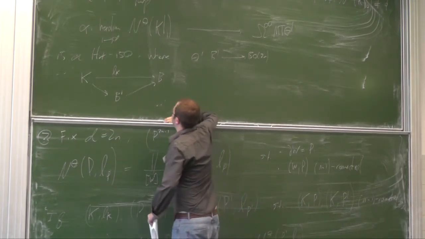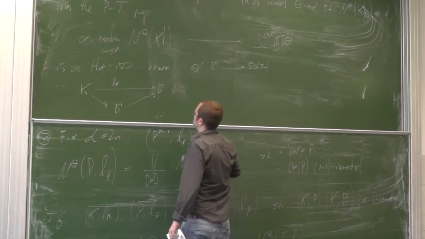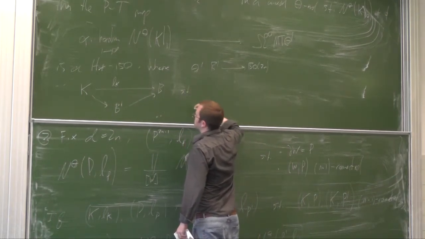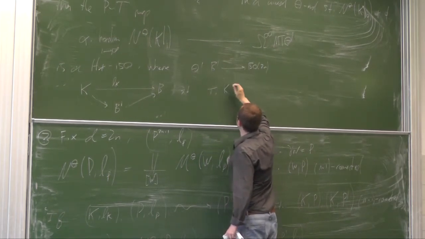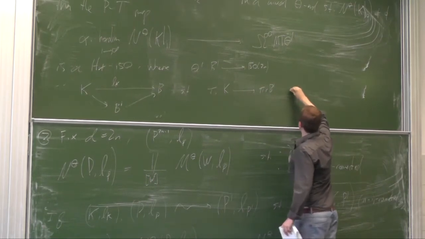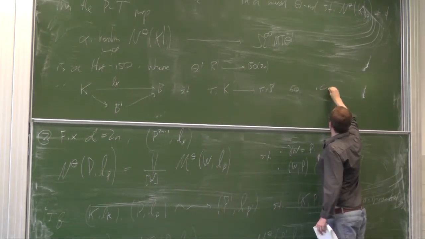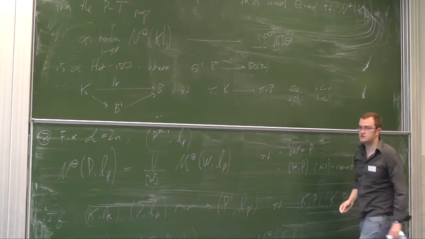Let me write that out. That determines this B prime basically up to unique equivalence. So such that, if we look at homotopy groups, pi_i of K to pi_i of B prime is an isomorphism for i less than n, and epi for i equal to n.